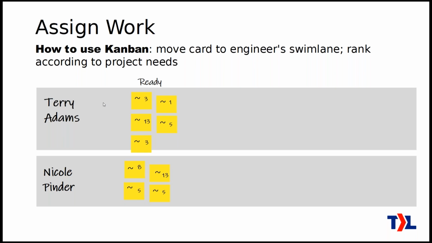So what you do is you pick the card off of the ready column and you put it into another ready column, but now it's by the swim lane, and then prioritize it in this list here. So Terry knows that this is the list for his work when he's ready to start new things. First this one, second, third, fourth, fifth, same with Nicole. So it's very clear to them exactly what's coming up when they're ready to do new work.